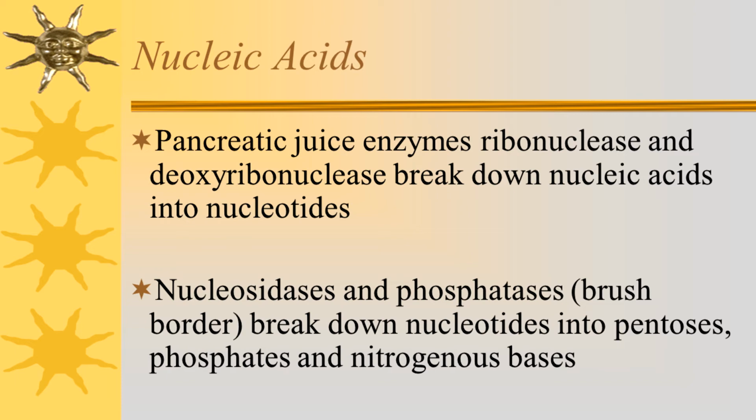So the three component parts of a nucleotide are phosphate group, sugar, and nitrogenous base. So these pentoses, phosphates, and the nucleosidases and phosphatases, which are brush border enzymes, break down the nucleotides into their component parts.